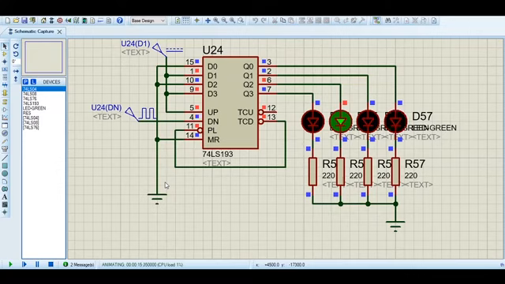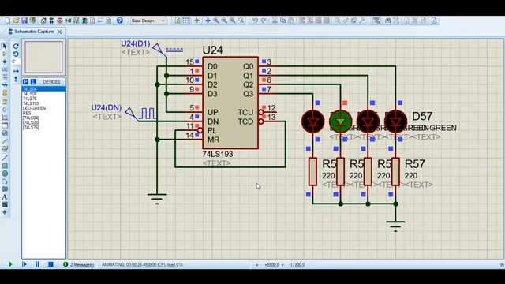When the counter starts counting, it starts from 10, and when it reaches 0, its natural behavior is to go back to 1111 or binary 15 in a countdown operation.